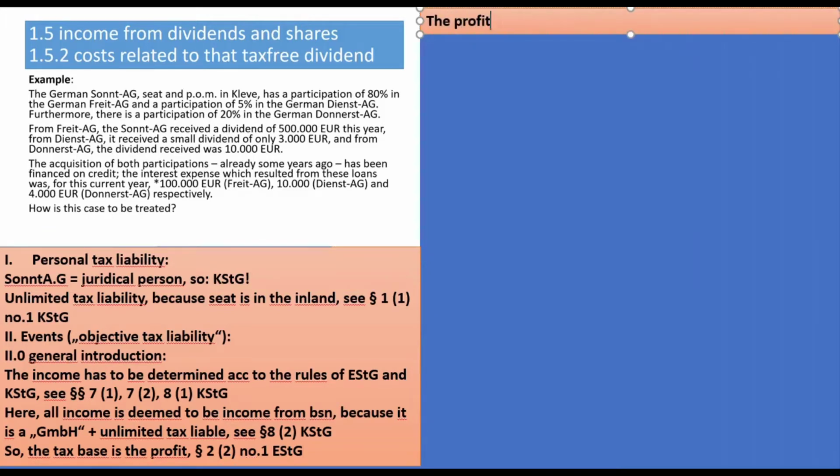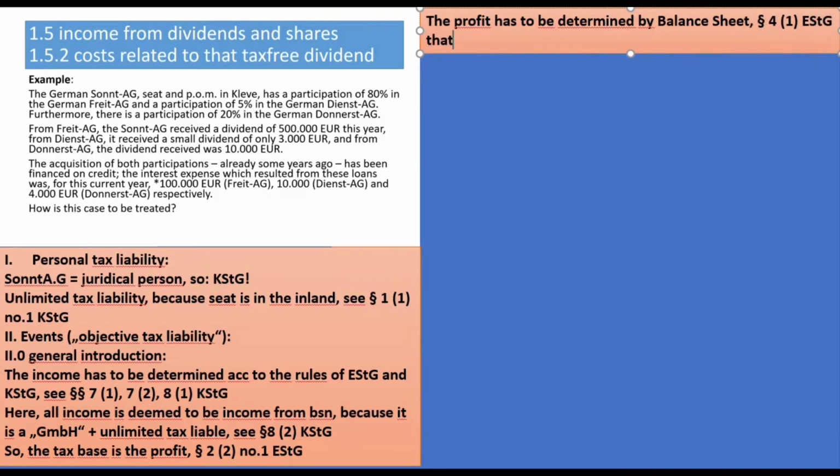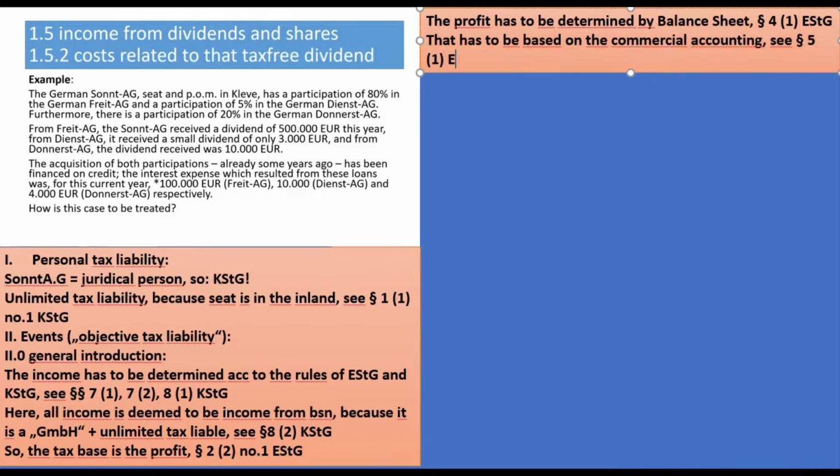The profit has to be determined by balance sheet and bookkeeping for paragraph 4.1 ESTG. That has to be based on the commercial balance sheet, so on the commercial accounting. See paragraph 5.1 ESTG.